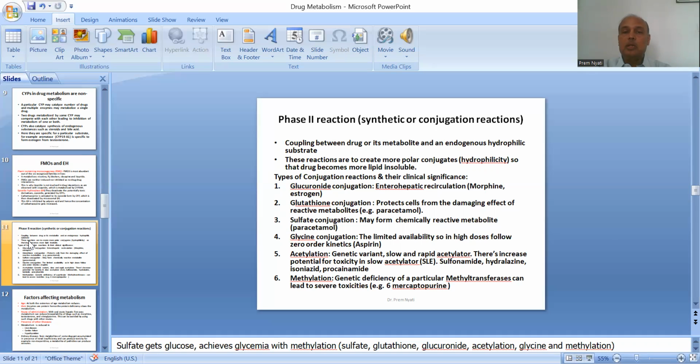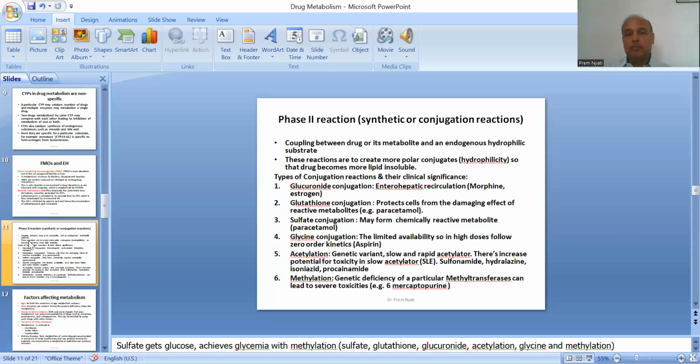Then there is glutathione conjugation. Glutathione conjugation protects cells from the damaging effect of reactive metabolites. When we use overdose of paracetamol, or if patient is having hepatic insufficiency, deficit of glutathione, the metabolite of paracetamol becomes toxic to the liver cells that can lead to damage to the liver.